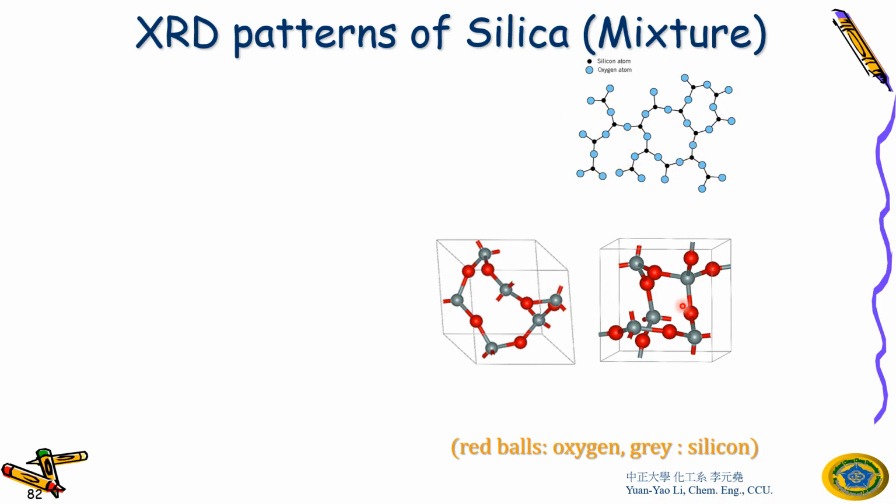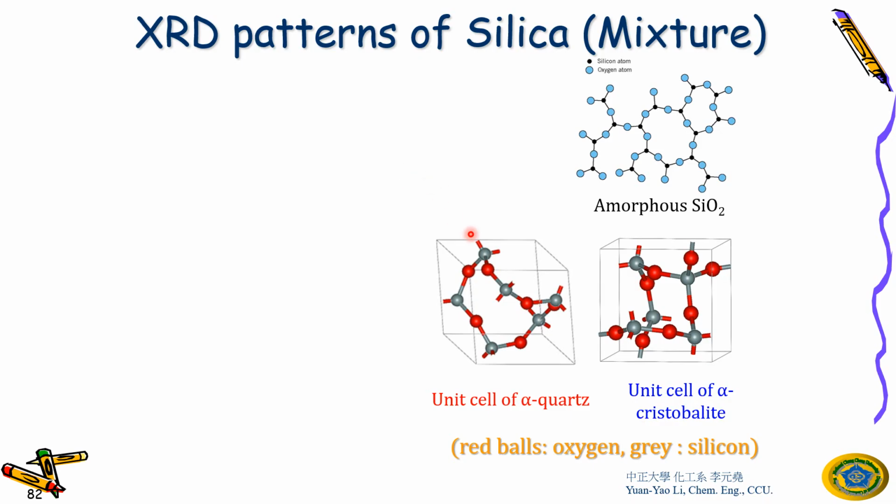This is the crystalline silica, SiO2. The red ball represents oxygen, the gray ball represents silicon. There are three forms of SiO2: amorphous silica, quartz, and cristobalite, another type of structure for SiO2.